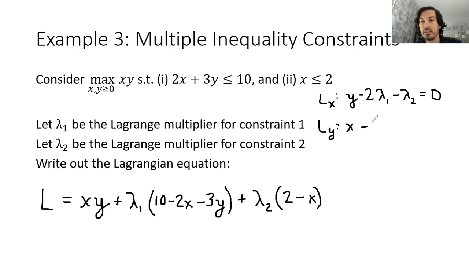That's -3 lambda 1, and that's the only other place where y exists. Now the derivative with respect to lambda 1 just gives you the first constraint right back: 10 minus 2x minus 3y equals 0.